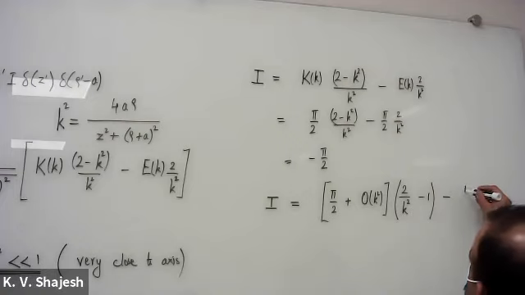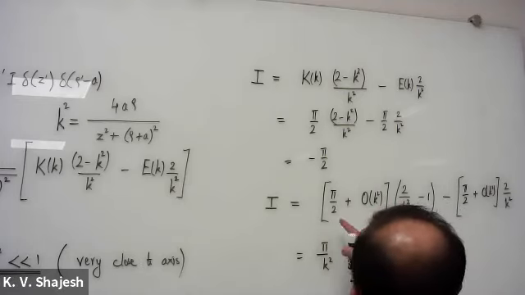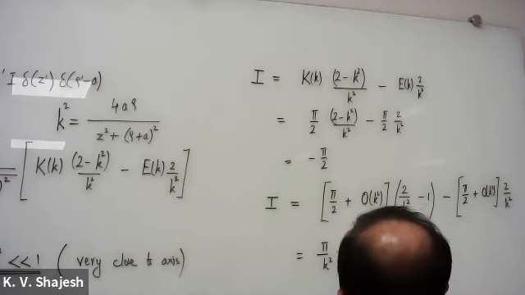Minus of pi by 2 plus order k square times 2 over k square. Right. So this is equal to pi by 2, and this is in the denominator, so this is pi over k square. Right. Pi over k square. Now notice that there is an order k square here. Right. Or let me first write the easy one. So this is minus pi by 2.